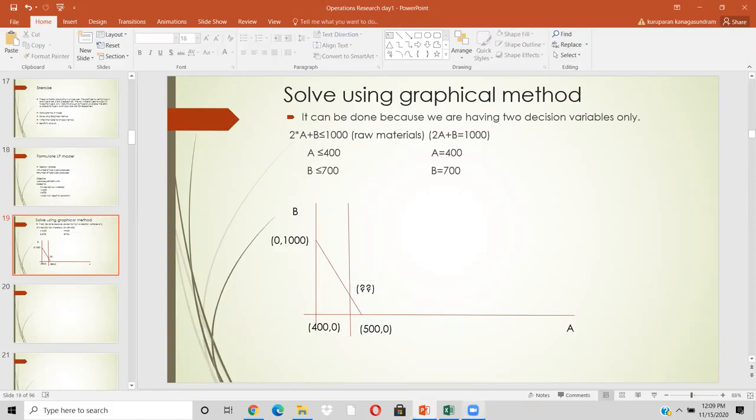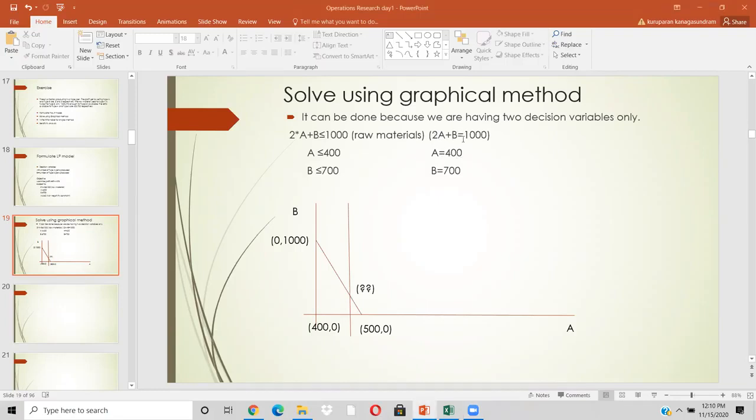In your O levels, how did you find the intersections? Yeah, by solving this line and this line. This line consists of A is equal to 400. See, here is 400, here is also 400, but B values will be changing. At this point, A is equal to 400. So substitute by solving this equation and this equation.